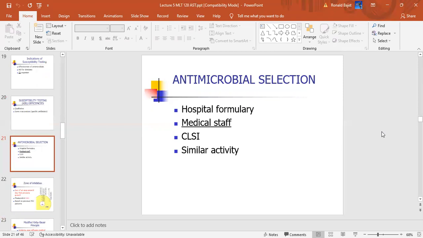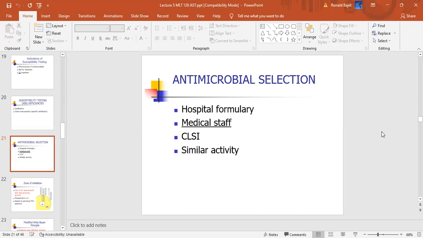Antimicrobial selection: you want to make sure that the antibiotics you use are in the hospital formulary. You don't want to use exotic antibiotics that are nice and sensitive, but if those antibiotics are not down in the pharmacy, then there's no point in using them. You've got to make sure that the hospital has those antibiotics in inventory. I talked about the antibiogram. The medical staff is interested in your antibiotic trends, of which organisms are sensitive or resistant if they're isolated.